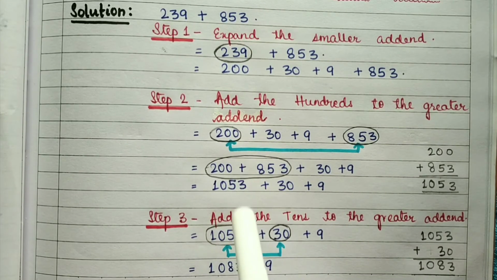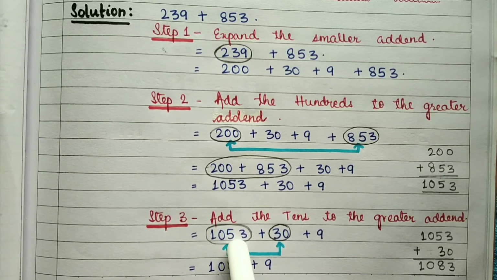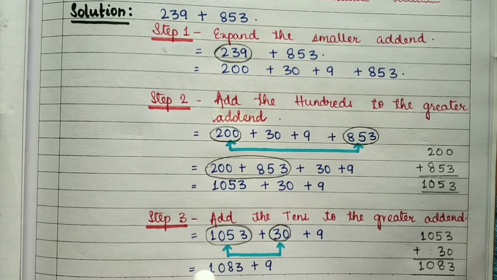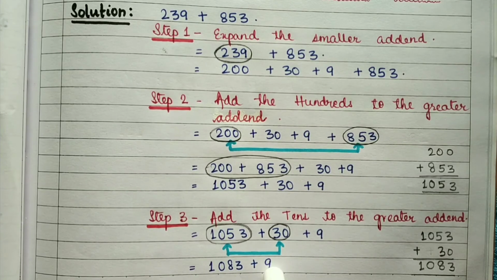Here, after this step, 1053 is the greater addend. We will add 30 to it and plus 9 will be written. 1053 plus 30 gives us 1083, plus 9 will also be written here.